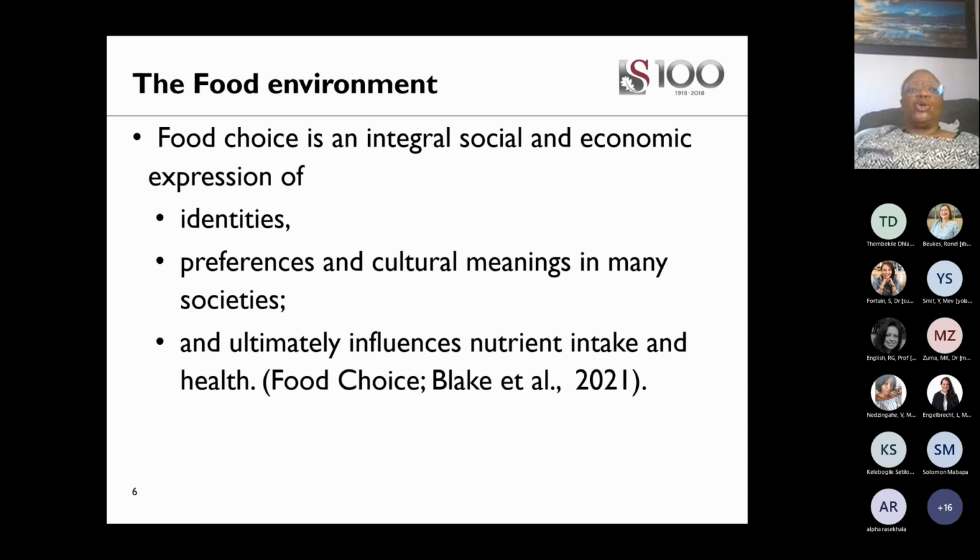So we also know, on the other hand, that food choice is an integral part of the social and economic expression of our identities, our cultural preferences and meanings, but it ultimately influences nutrient intakes, as well as health.